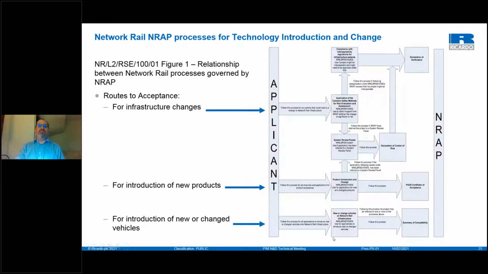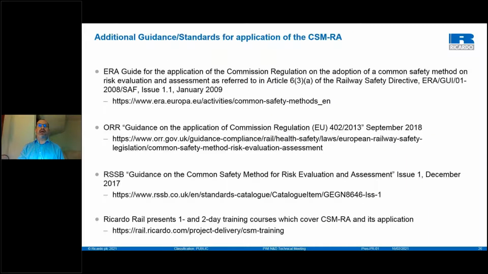This is the compatibility process. Demonstrate that the vehicle is compatible with the infrastructure to produce a statement of compatibility, a summary of compatibility, which again goes through authorization through NRAP. So there's fields there worthy of presentations in themselves. And I'm conscious that I really have spoken far too long.